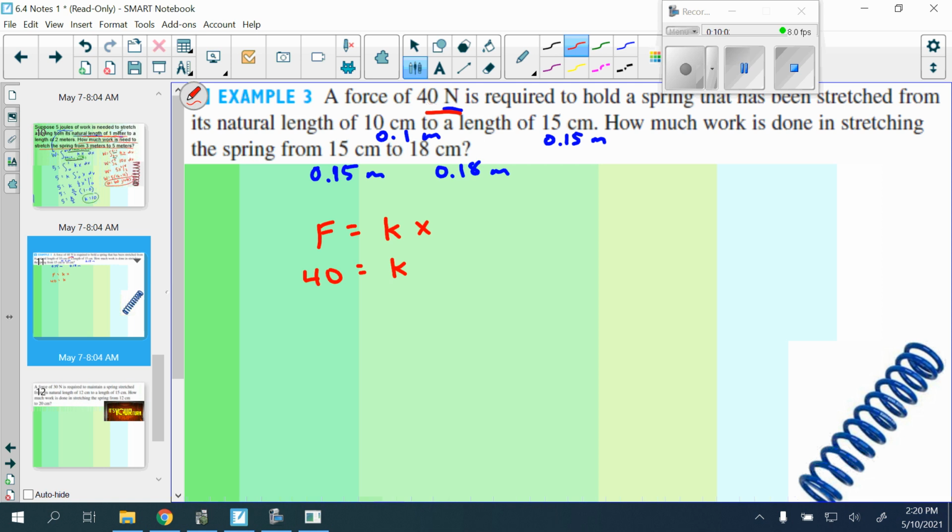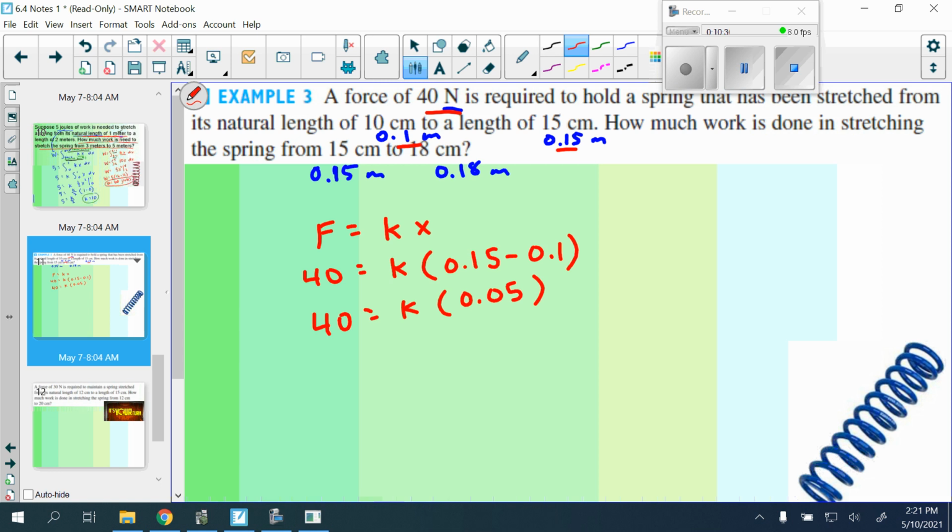So how far has that spring been stretched here from natural length to this? If we subtract those, 0.15 minus 0.1, that spring has gotten stretched 0.05 meters or 5 centimeters basically.